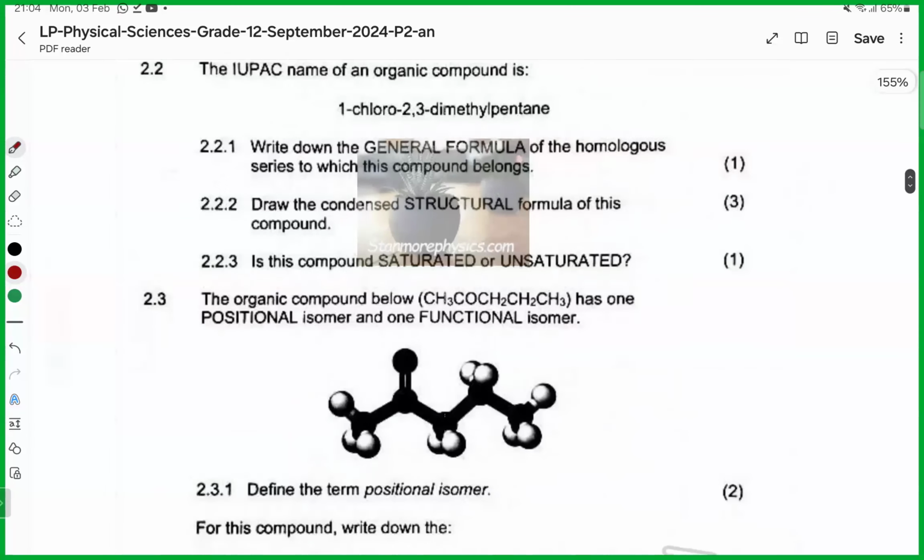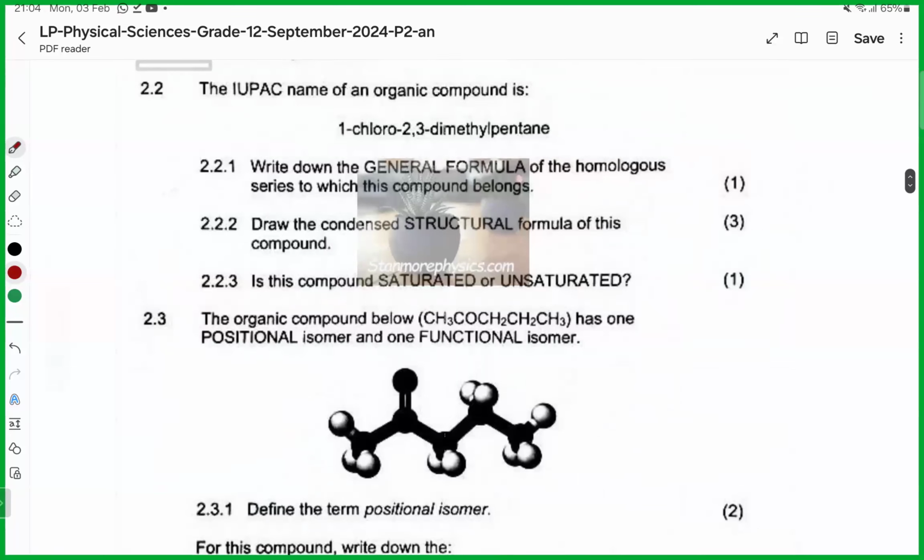Let's start off at 2.2. The IUPAC name of an organic compound is 1-chloro-2,3-dimethylpentane. There's some super easy questions over here. It says write down the general formula of the homologous series to which this compound belongs.